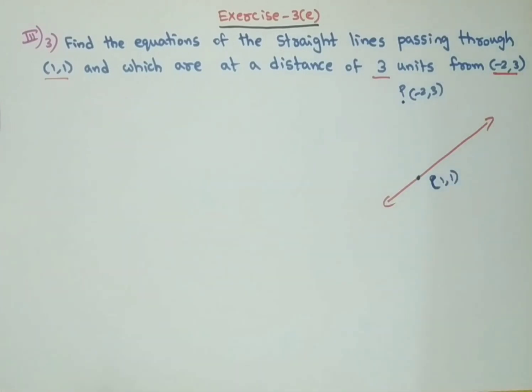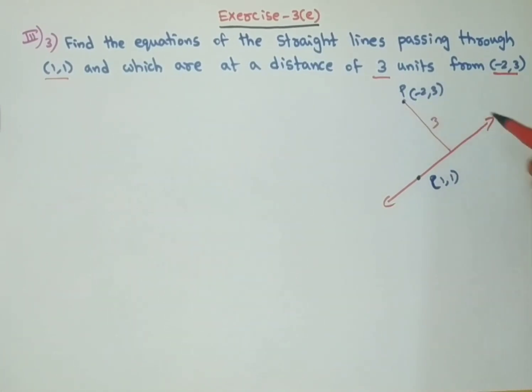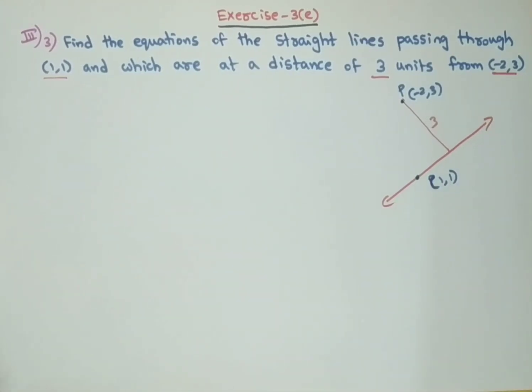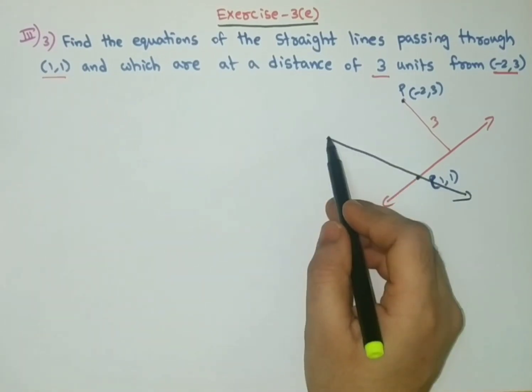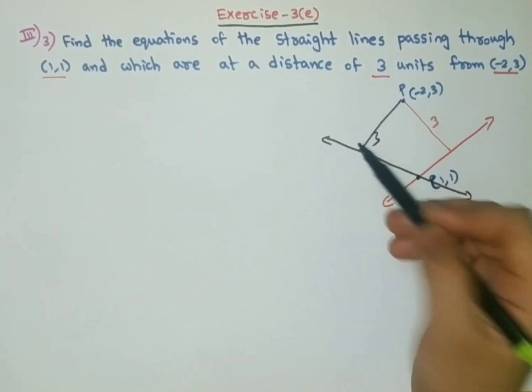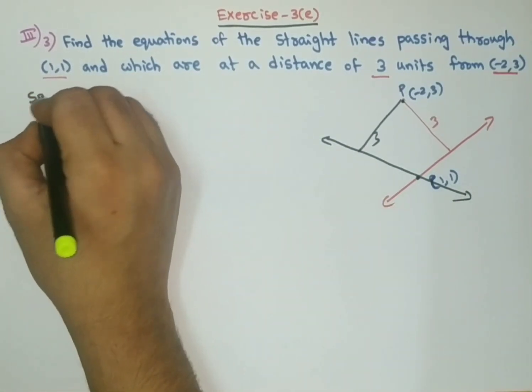Let us denote it by P. From this point to this line the distance is 3 units. That means you may get one more line equation also with the same condition. So let us solve this problem.